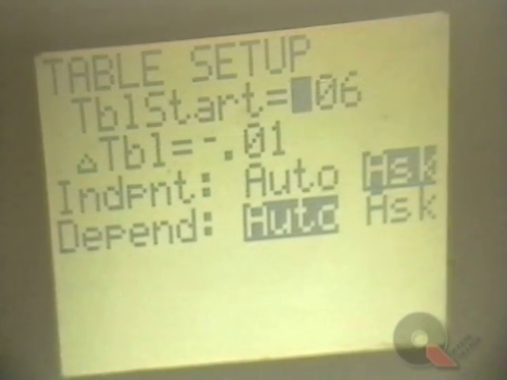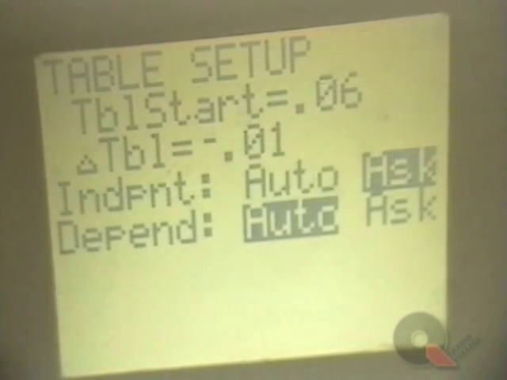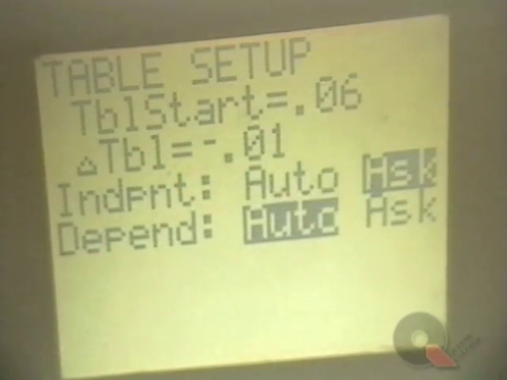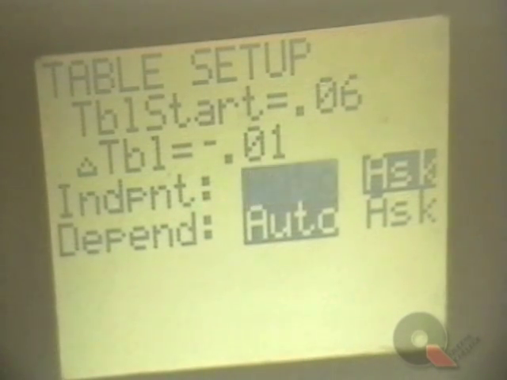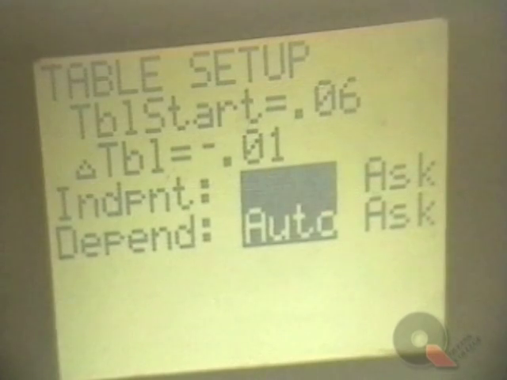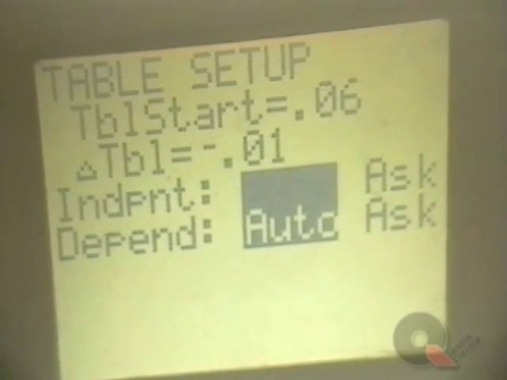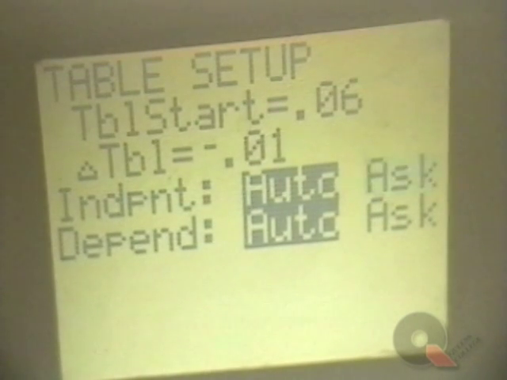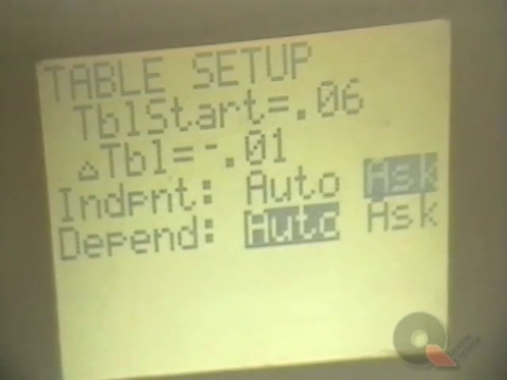Or if yours is the other way around, if your calculator looks like this, very often when you purchase it, they look like this. That's going to automatically decide on how it's going to make a table. We want to have some options, so we're going to move the cursor over to ask and hit enter.